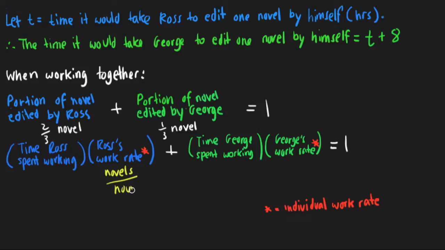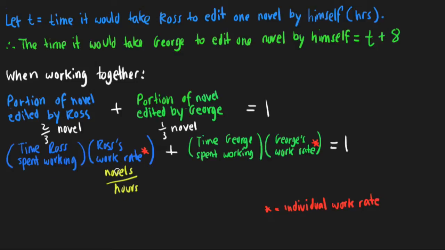So his work rate is how many novels he can edit in an hour, right? And the unit for time is obviously hours, right? So hours can be written as hours over 1. You can see when you multiply these together, these will cancel and you'll just get novels. So for example, you might get 2/3 of a novel. That just confirms that we're on the right track because the units all look fine.